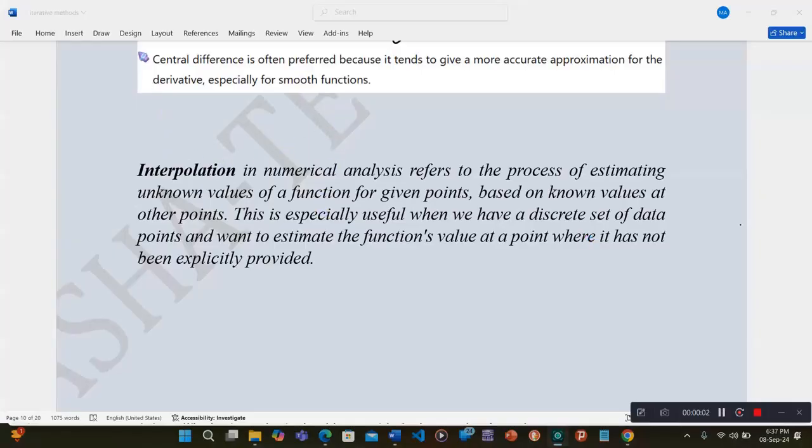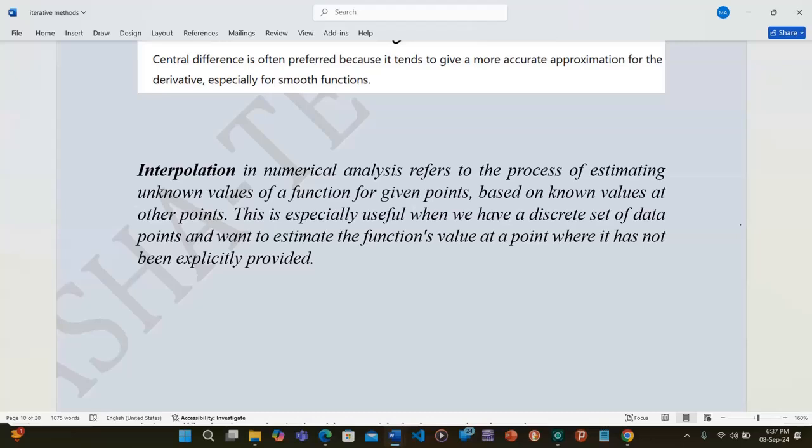In this discussion, we are going to look at interpolation. So still we are moving under numerical methods, and interpolation is one of the tools that we use in numerical methods to estimate values, and known values of a function for given points.